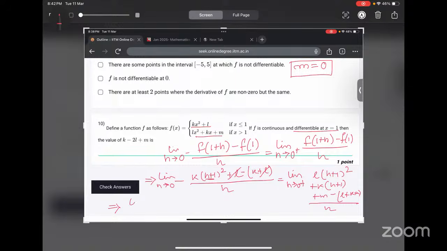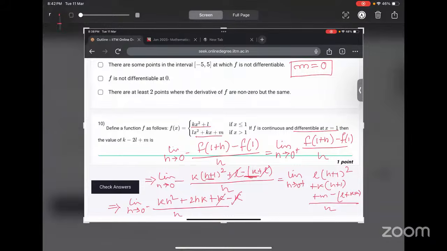So we will have limit h tending to 0 minus, k(h squared plus 2h plus 1) minus this k, right? So this will be cancelled out.